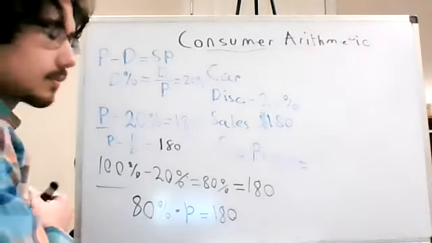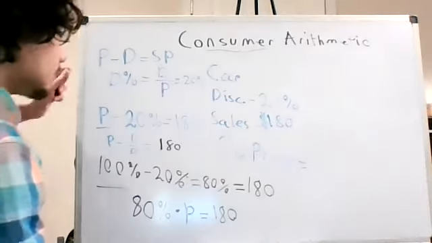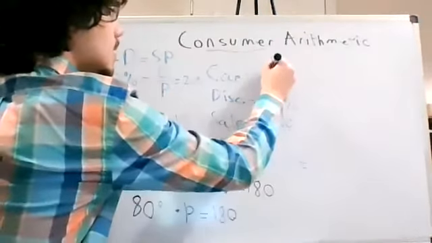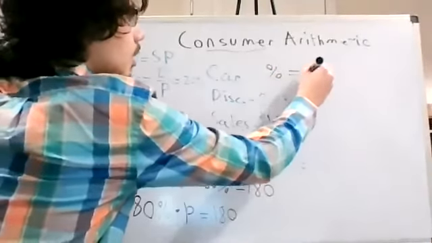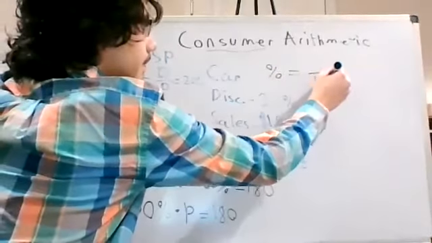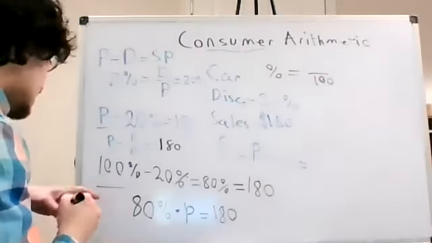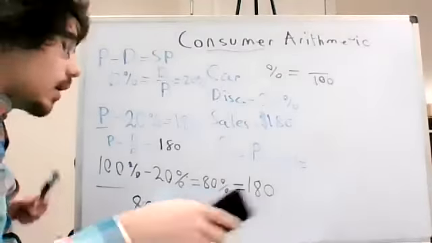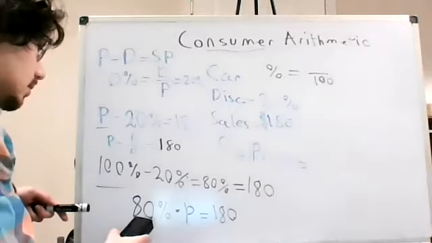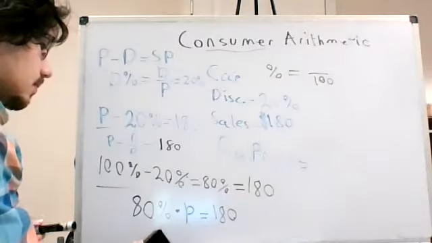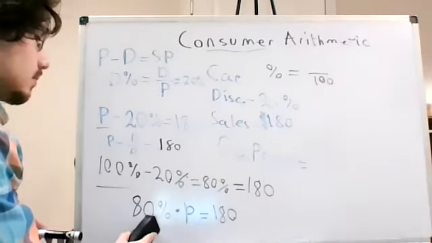Over 100. Very good. Percent means over 100. Here we have 80%. So 80% would be what? Over 100.